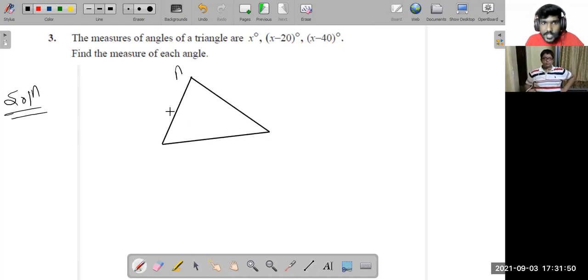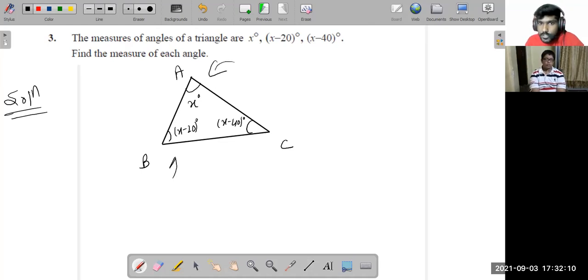I'll name it A, B, C. Suppose A is x degrees, B is x minus 20 degrees, and C is x minus 40 degrees. You have to find out the measure of A, B and C.